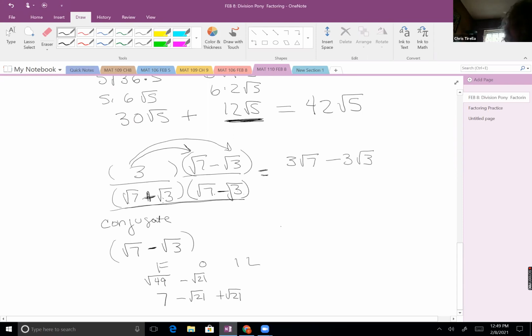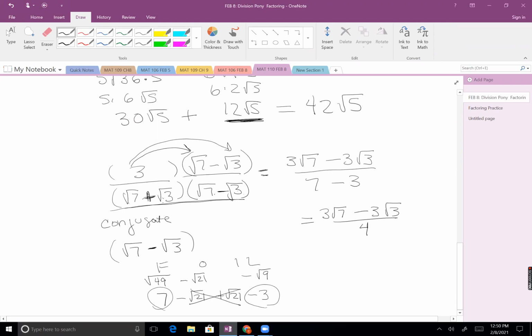Radical 3 times negative radical 3 is negative radical 9, or minus 3. The middle guys will always cancel out. And so instead, we could kind of just cut to the chase and say that it's the first one squared minus the second one squared. And so that gives me 3 radical 7 minus 3 radical 3 over 4.